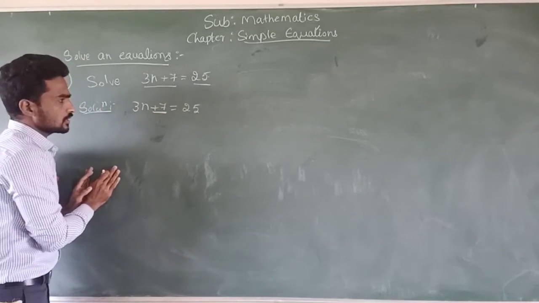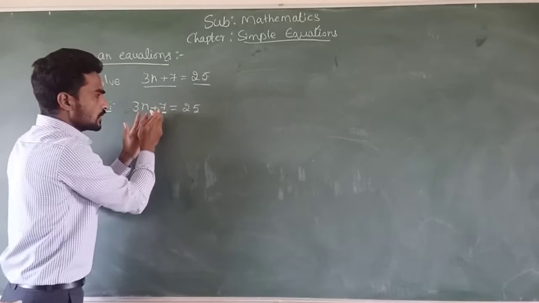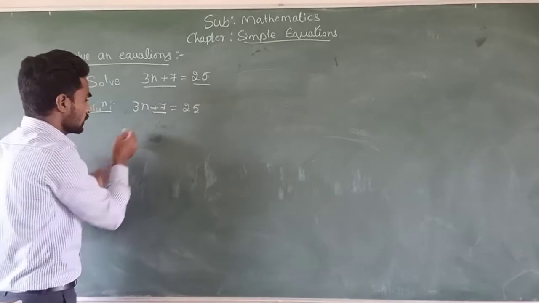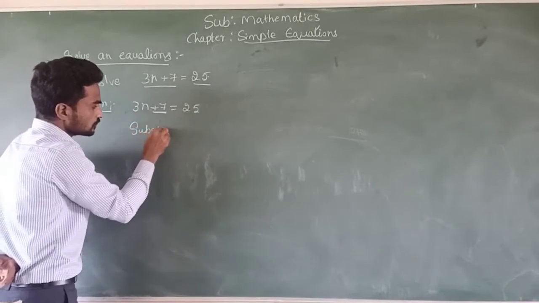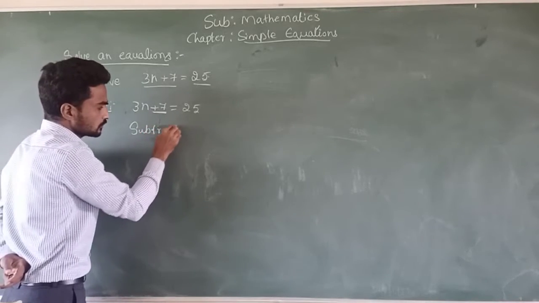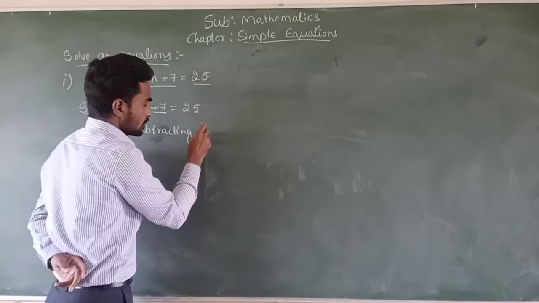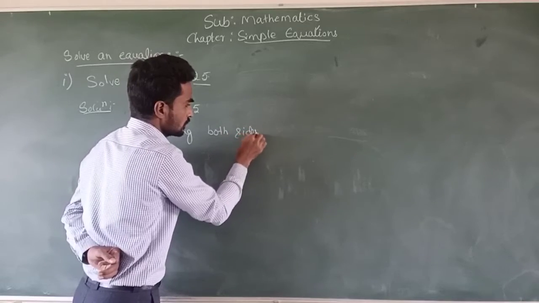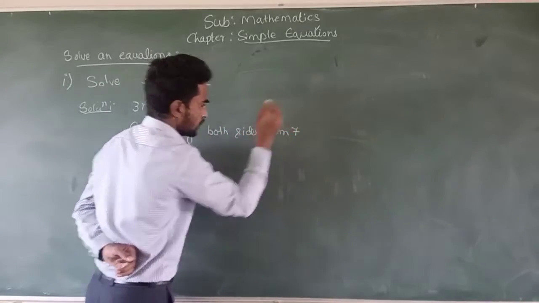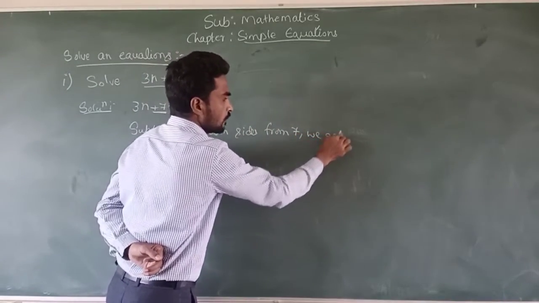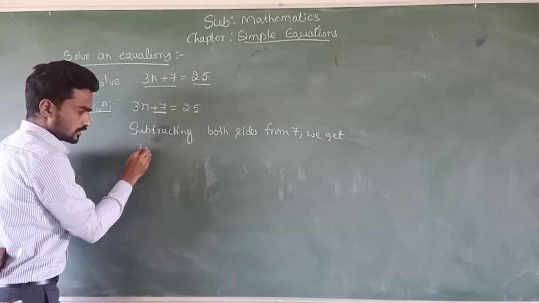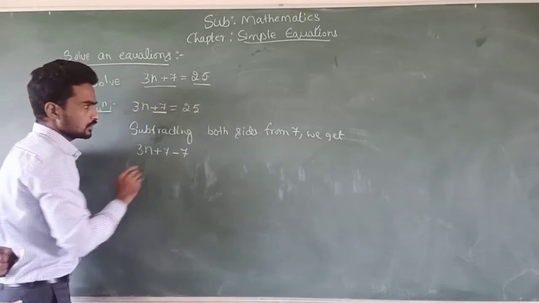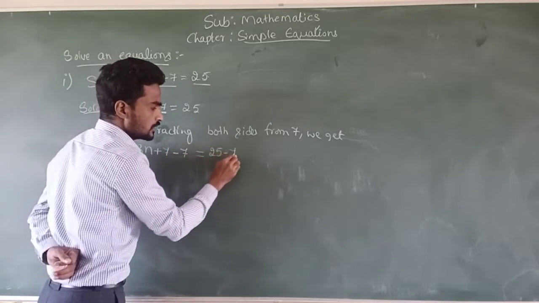To cancel this 7, we subtract 7 from the LHS and also the RHS. Subtracting 7 from both sides, we get 3n plus 7 minus 7 is equal to 25 minus 7.